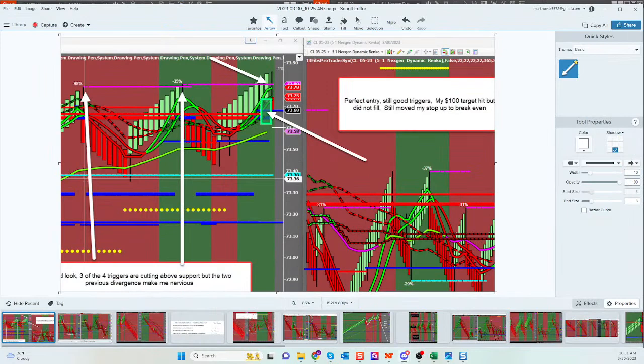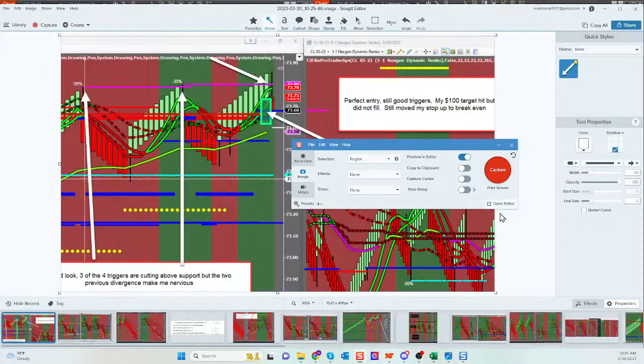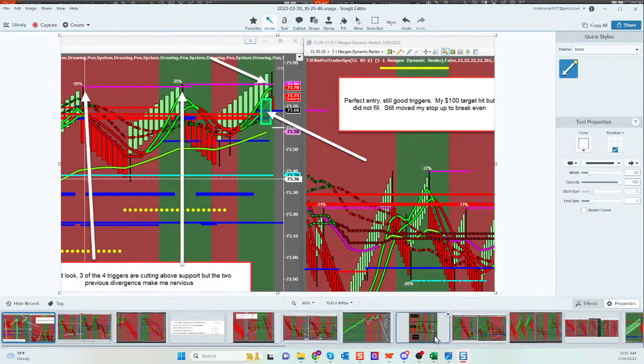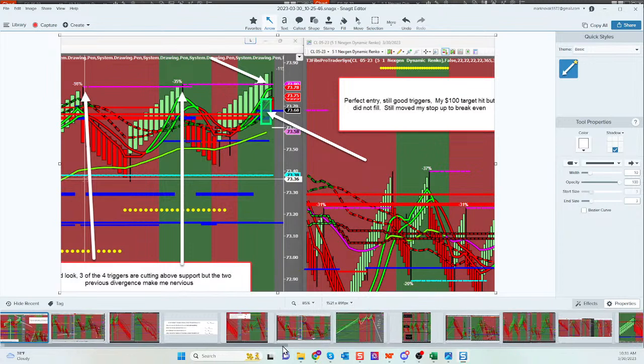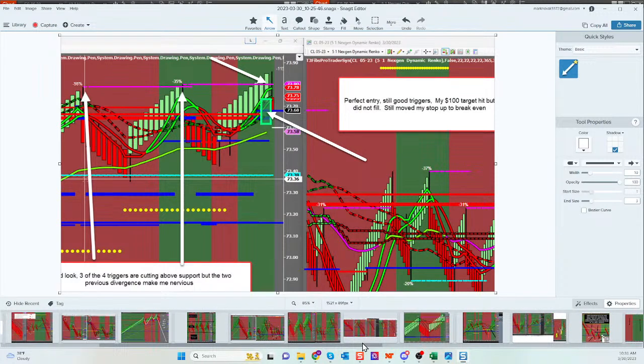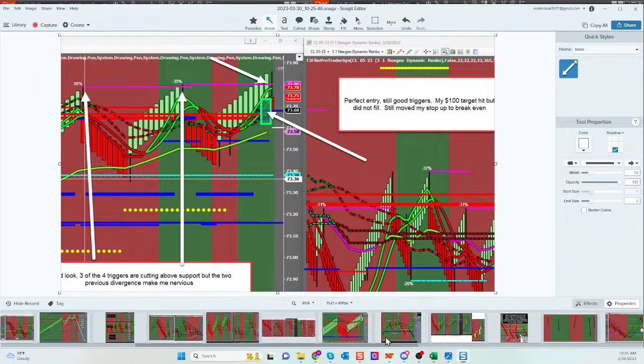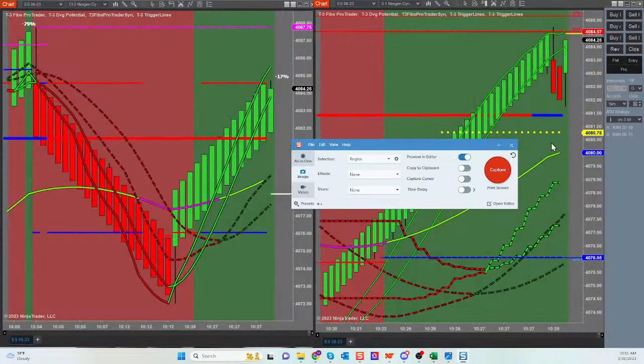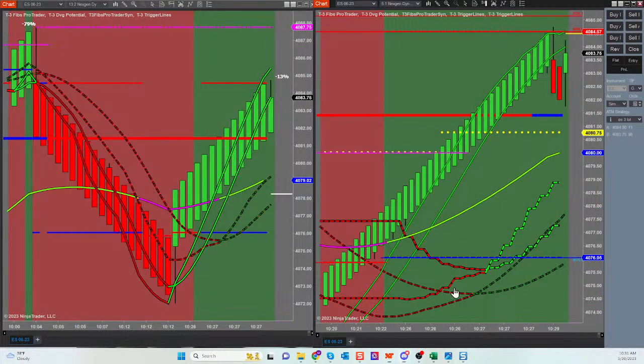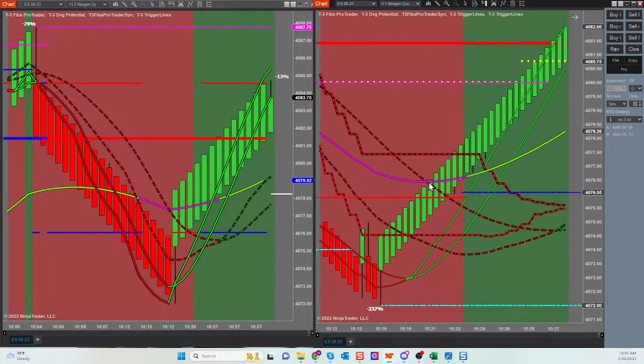I took a 50-50 yesterday, and I don't know if I have the picture of it, but I took a trade and it got run over, and it happens. I'm okay with that. I'm okay getting run over every now and then. But what I did, and I take a million pictures, is my window of opportunity was right here.